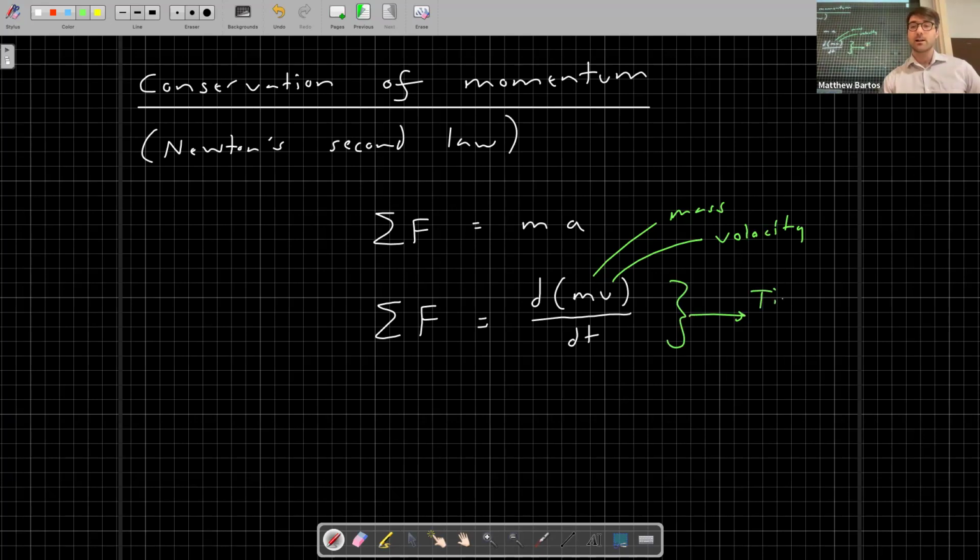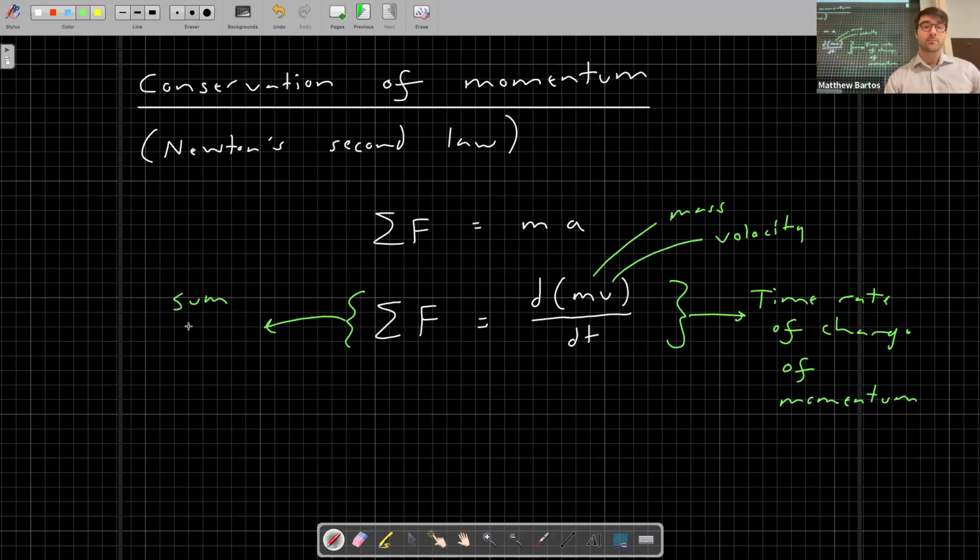This is the time rate of change of momentum. And the left-hand side here represents the sum of the forces acting on the body.